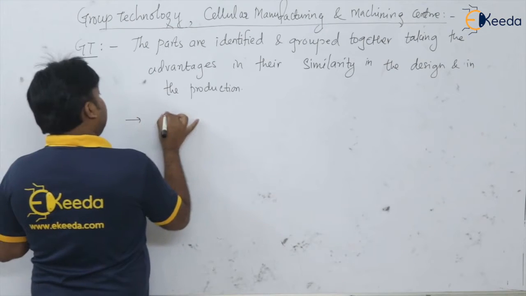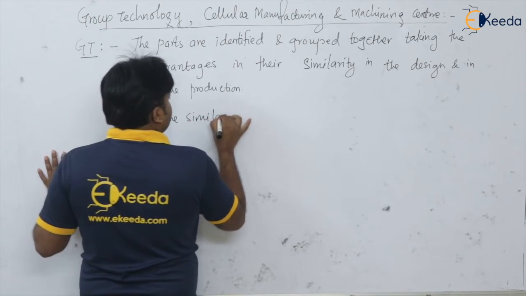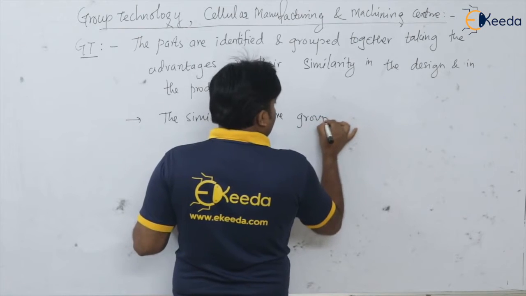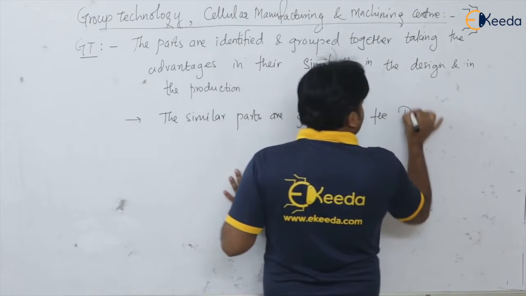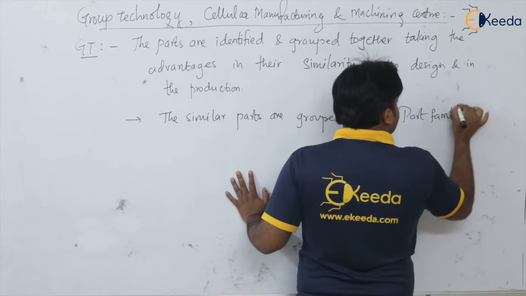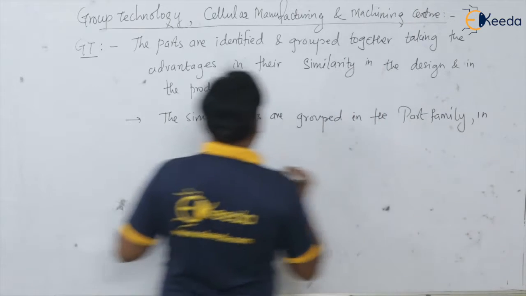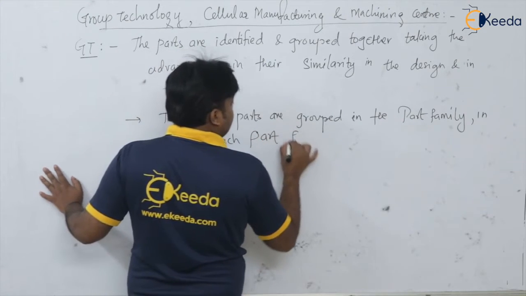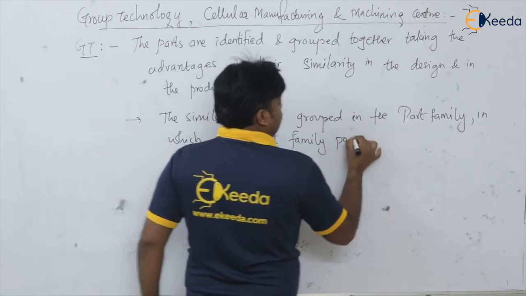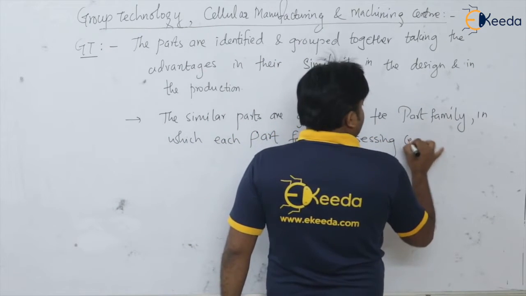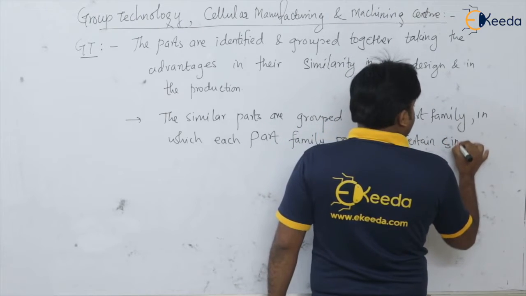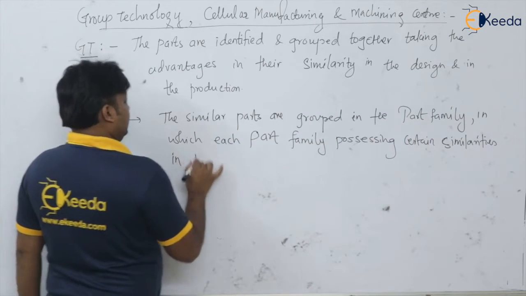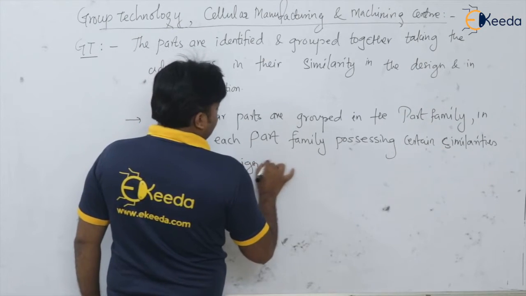Here the similar parts are grouped in the part family, in which each part family possesses certain similarities in the design and manufacturing.